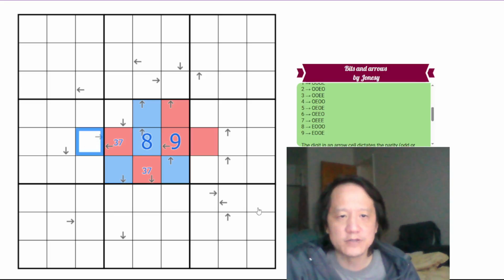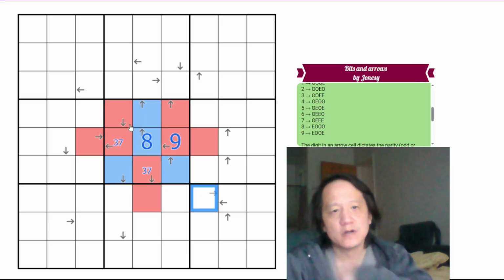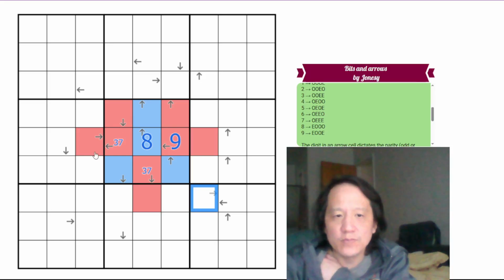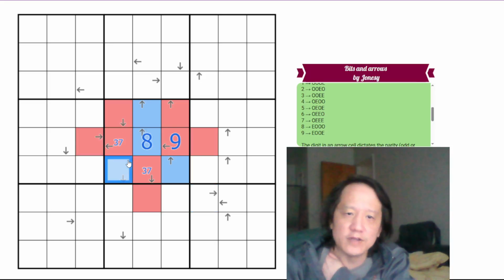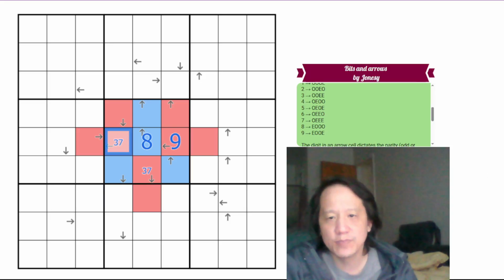Or odd. So this is always odd here. This is always odd here. And then this must be odd because we have 4 evens already in box 5. So then odd, odd, even, even is 3. Odd, odd, even, even, even is 7.